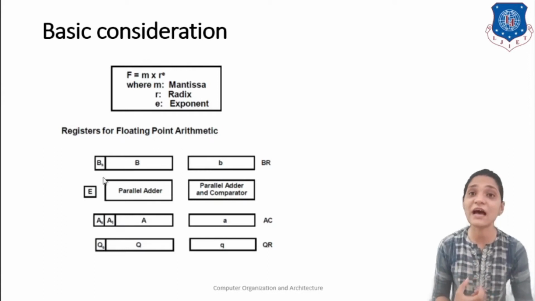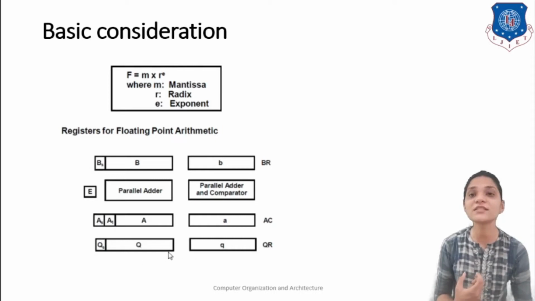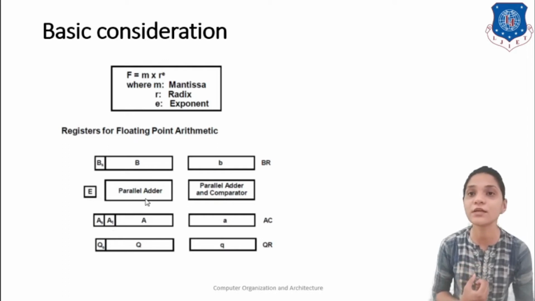And these numbers have mantissas with signs, that is BS and AS, the sign of the mantissa. And the Q register has Q as the mantissa part, small q as the exponent part, and qs as the sign bit. This is the E flag that is used for storing the carries in between a particular operation.